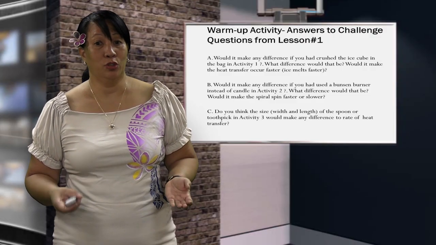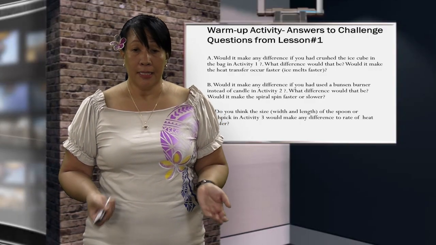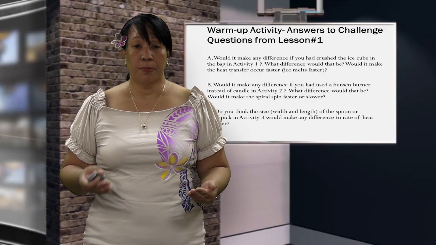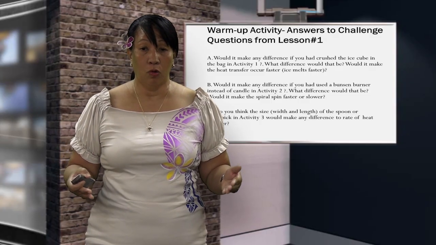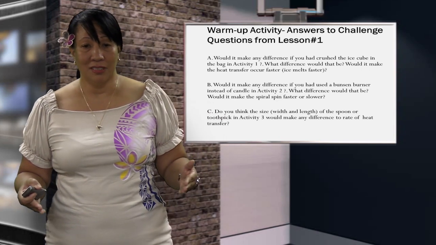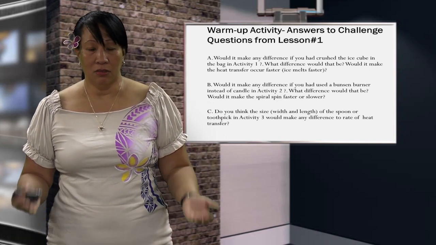You know what proportional means from mathematics. And in part C, the width of the spoon is toothpick. You find that the longer the spoon, the slower the rate of heat transfer. So you can say that they are moving opposite to each other.